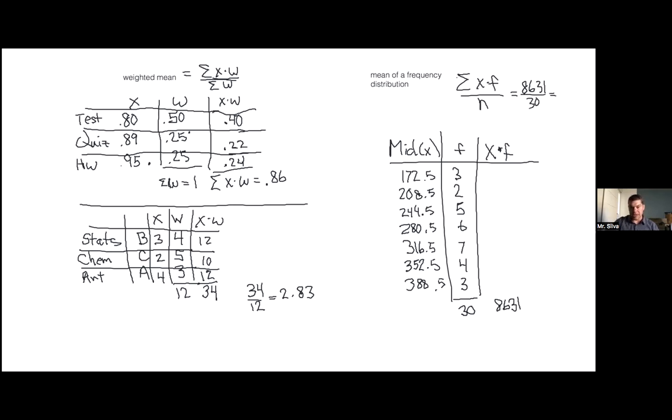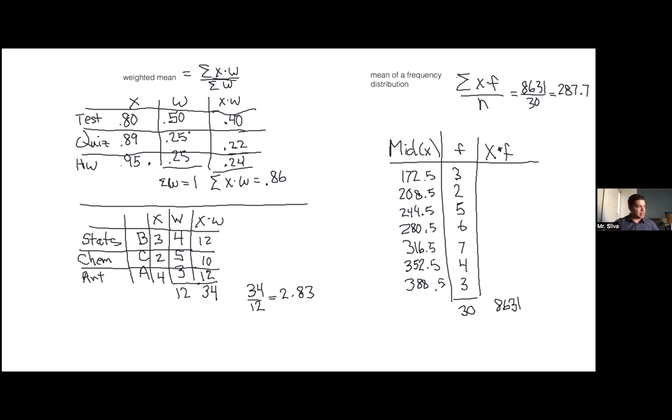I'm thinking the mean, most numbers were right in the middle, just looking at these numbers, probably going to be between 280 and 316, right in that area. Does that make sense? That your average should be right in here. So the average actually, when you do the math, 287.7. And that's a mean of a frequency distribution.